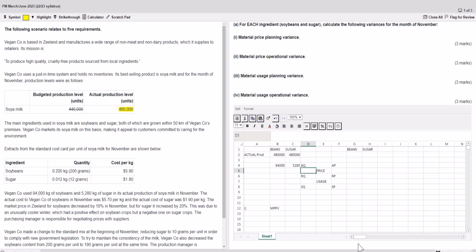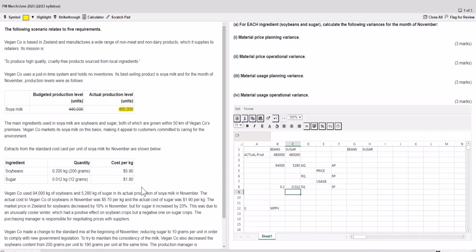Now your standard quantities are given to you per unit: 0.2 kilograms for soya beans and 0.012 kilograms for sugar. We're going to convert that into a standard quantity using the actual production, okay? We'll do that in a minute because it gets confusing otherwise.